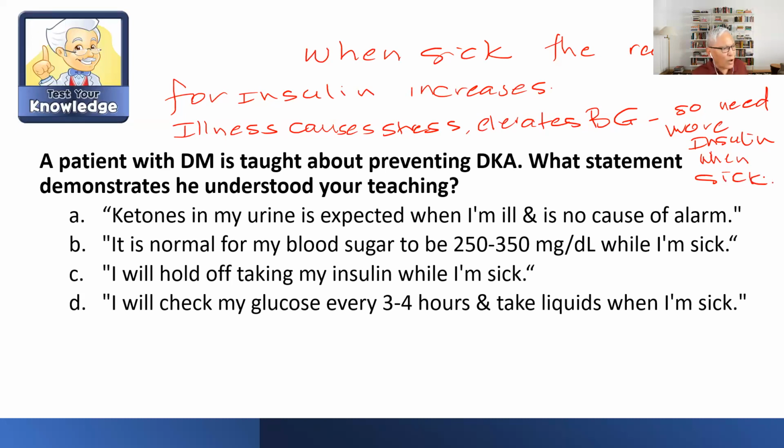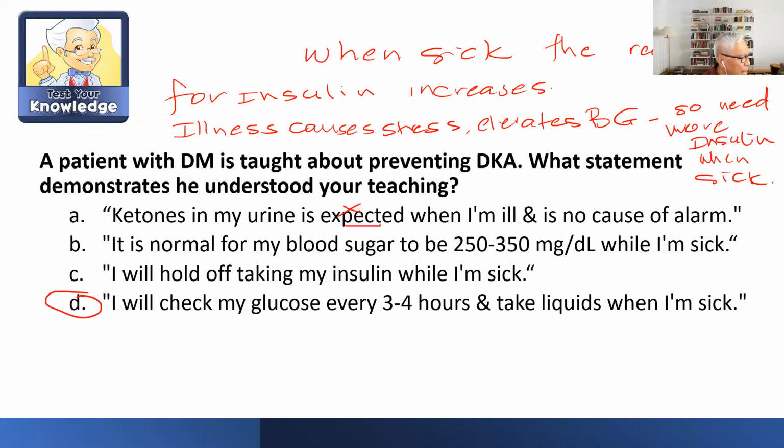Okay, I always have to do this because a lot of students think that when you're sick, you should have a lesser need for insulin. But because of the increase in metabolic activity, you need to fuel that metabolic activity with insulin. So the correct answer here, the one that demonstrates he understood your teaching, is letter D. Ketones are expected?